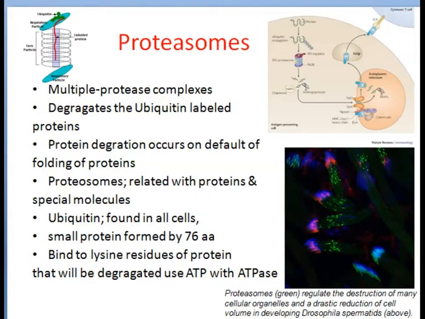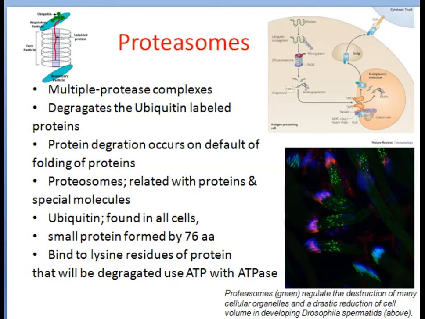Now we come to the proteasomes. Proteasomes, as the name implies, are organelles designed to degrade proteins. These proteins to be degraded within the proteasomes are endogenous proteins. It means that proteins which are produced inside the cell itself will go to proteasomes for degradation. But which proteins will be degraded?